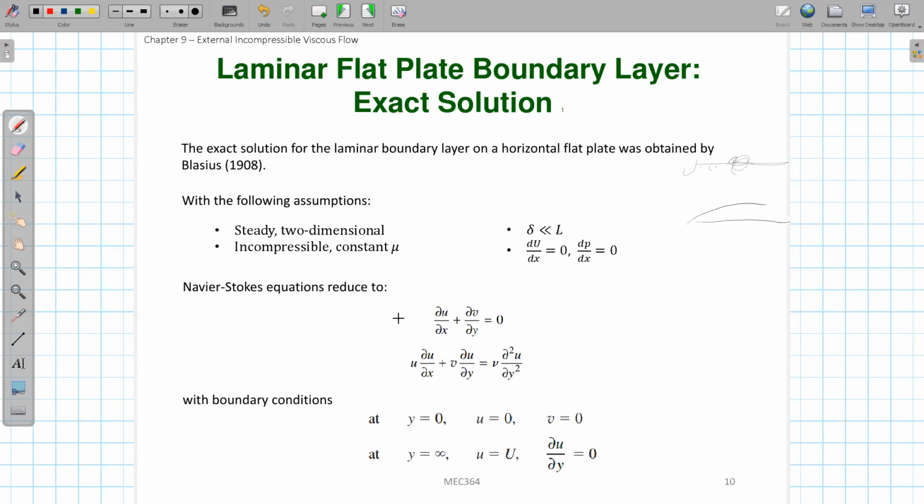With all these assumptions, your Navier-Stokes will be reduced to this form. This is the continuity equation, and this is the x direction momentum. The y direction momentum is gone because, when delta is much smaller than L, v is usually much smaller than u, so you can neglect v.